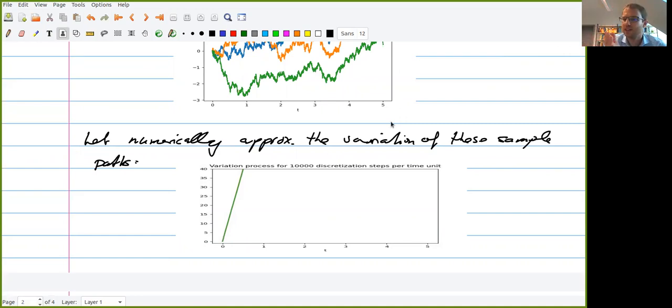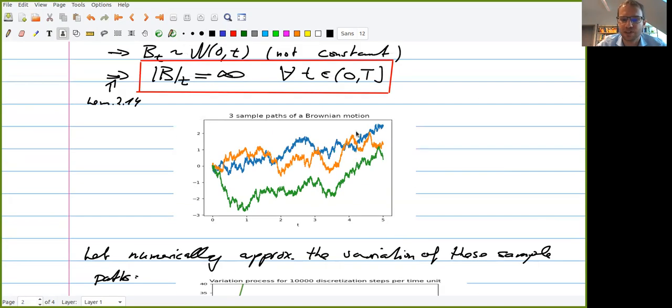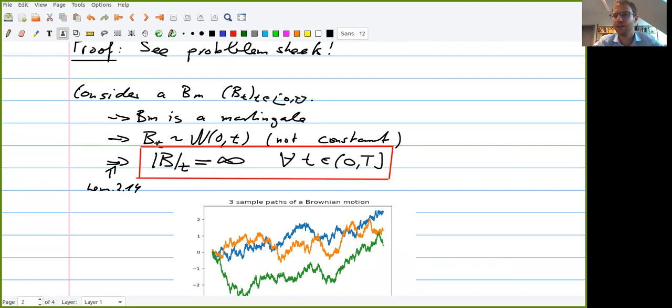If you take a finite partition, it blows up faster and faster to infinity. If you make the discretization finer, it immediately blows up to infinity for a Brownian sample path. And this is what I claimed here in red.